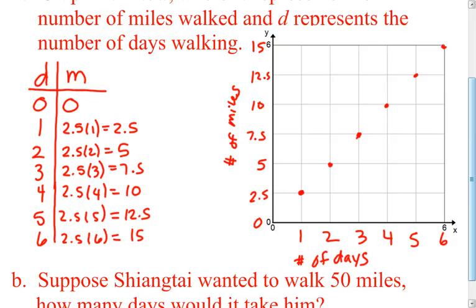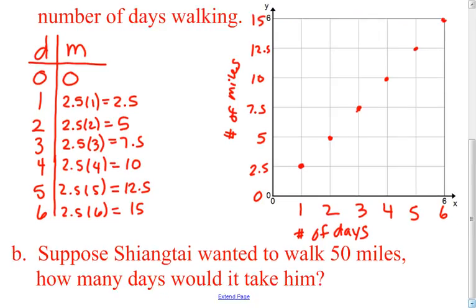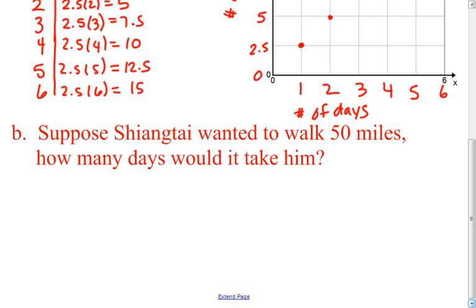But it says, suppose Shang Tai wanted to walk 50 miles. How many days would it take him? Okay, so remember you are working from the equation. And people sometimes struggle where to put that in. Notice, remember up above we said that M stood for miles and D stood for days.